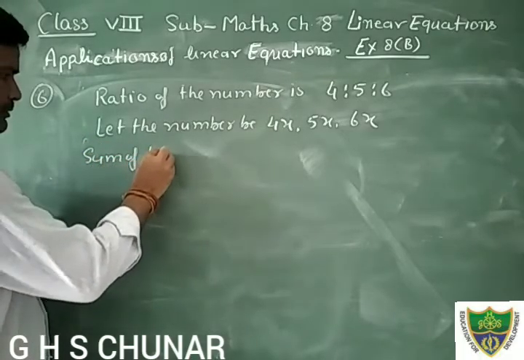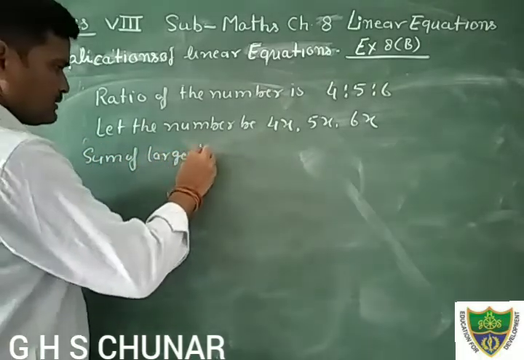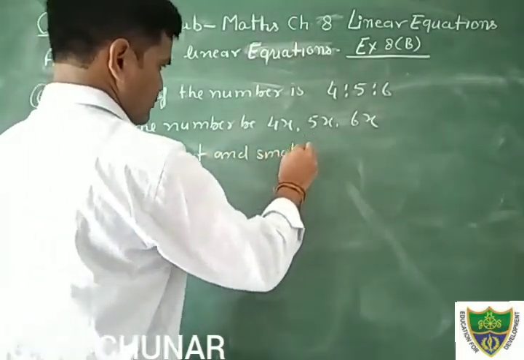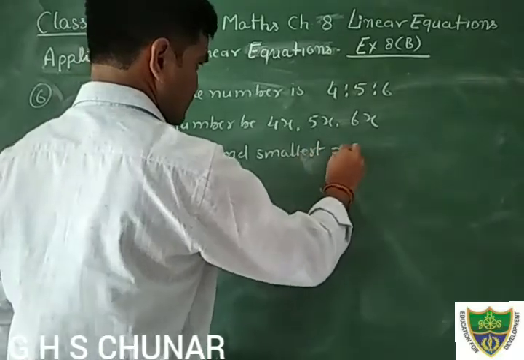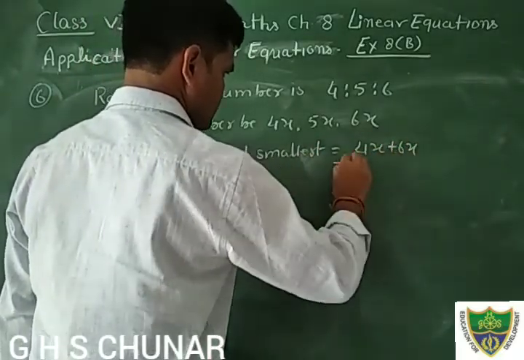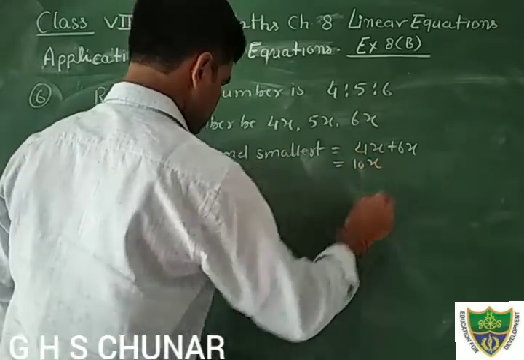Here it is given the sum of the largest and smallest, that is 4x plus 6x, which is equal to 10x.